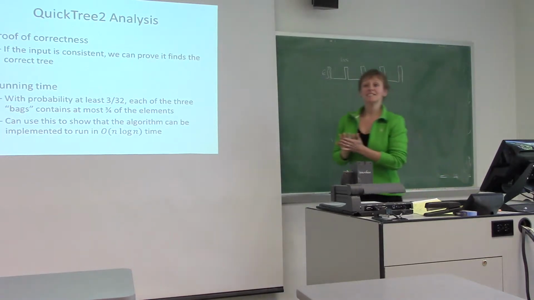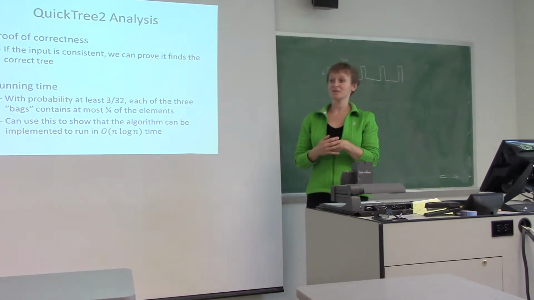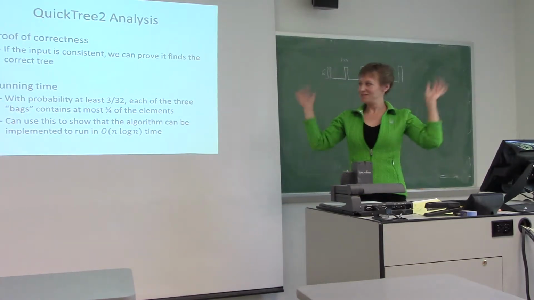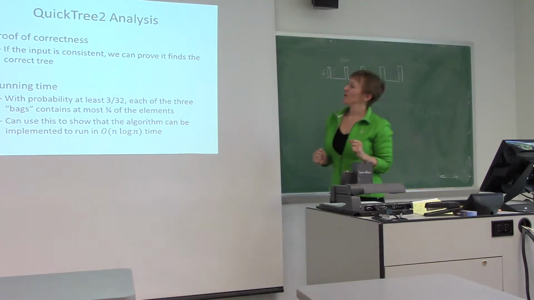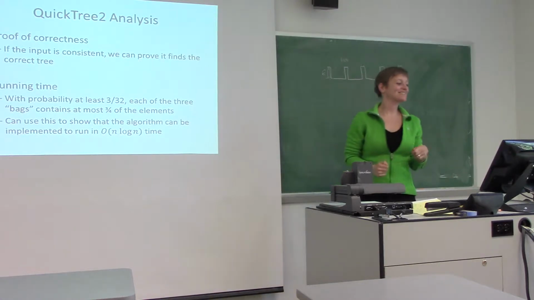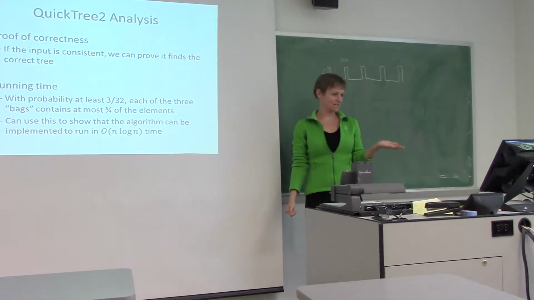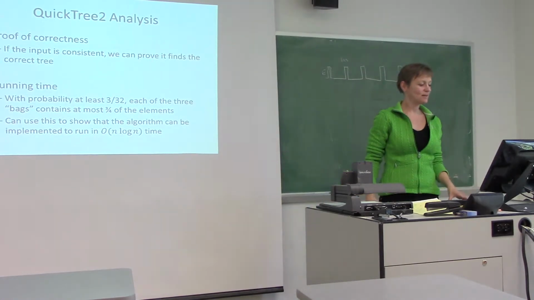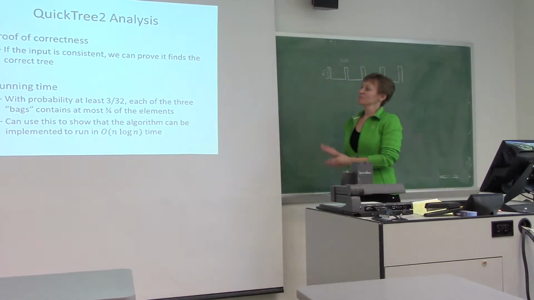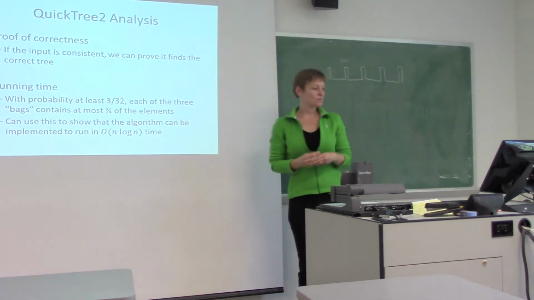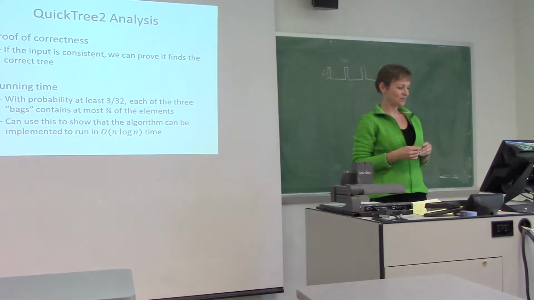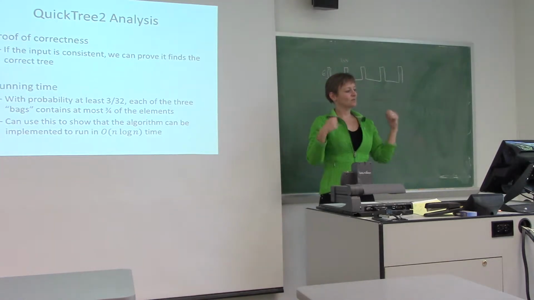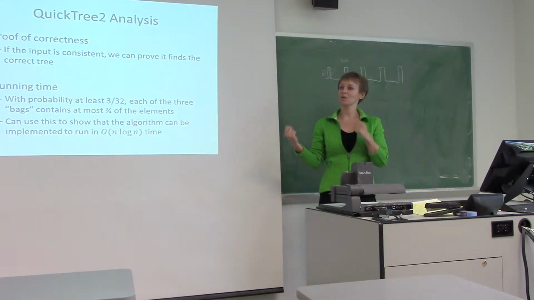Okay, for the analysis, I know that's already 40 minutes, so by now I assume you're tired. So I'm just going to wave my hand and say, yeah, we did it. If the input is consistent, then we can prove that it finds the correct tree. So this algorithm does work the way it should. For the running time, what we can show is that with probability at least 3/32, if we choose random pivots, each of the three bags contains at most 3/4 of the elements.